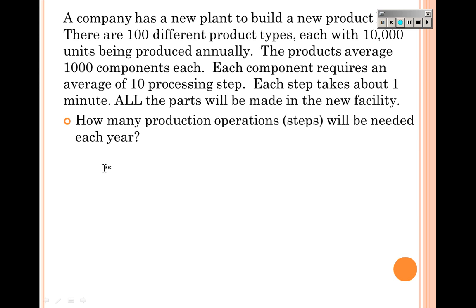That was parts. And then each one has 10 steps per part. And we get 10 billion.